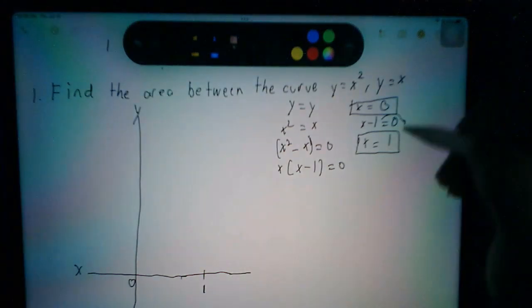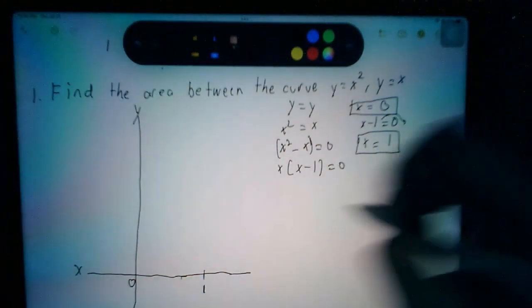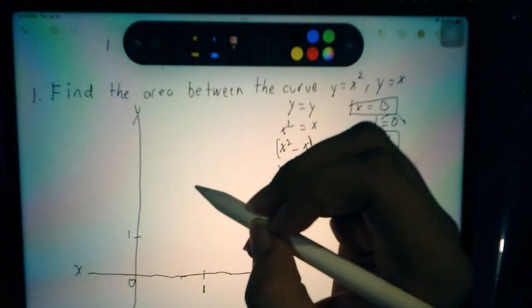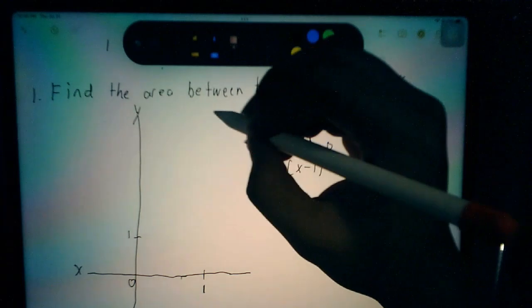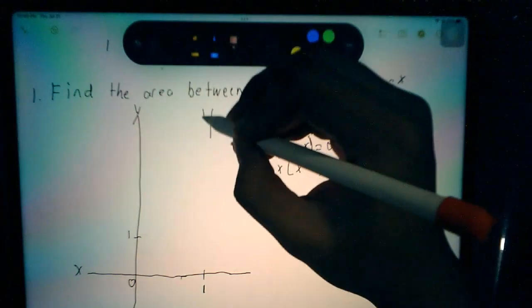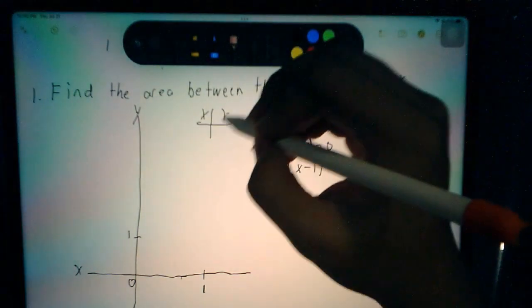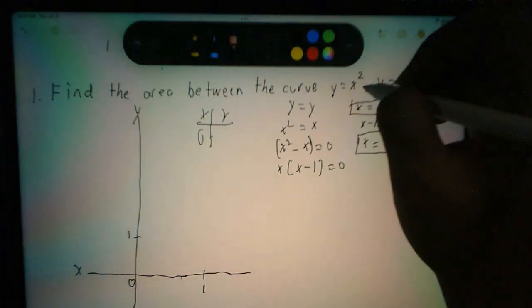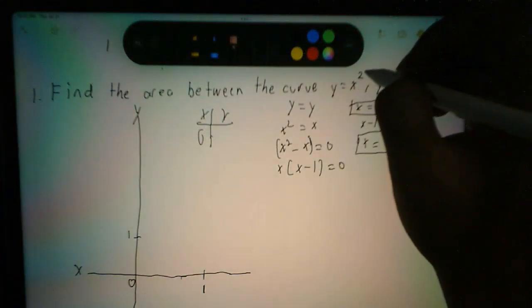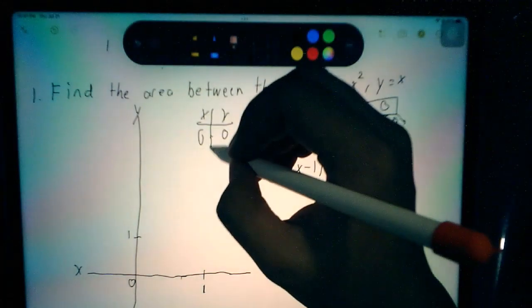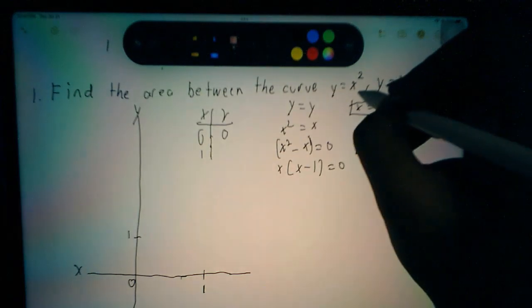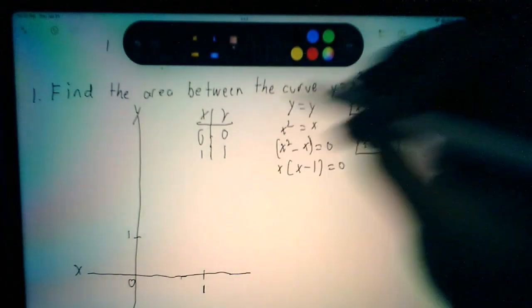So x equals 1, this is (1, 1). Creating a tabular method, if x equals 0, our y here equals also 0, and if x equals 1, our y here is also equal to 1.